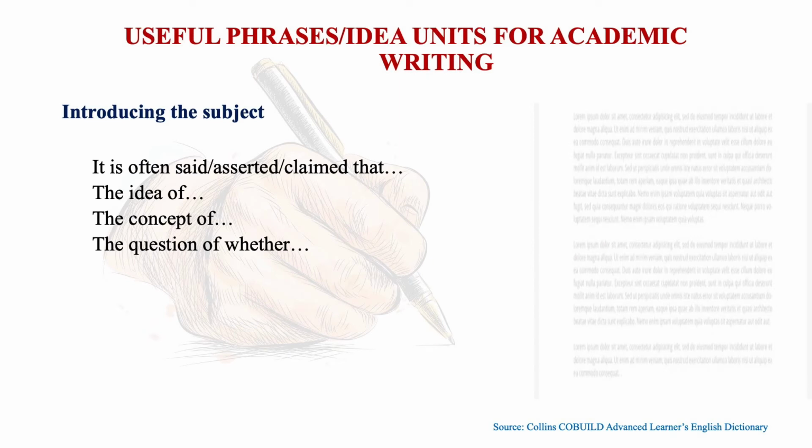Now there are devices which are used to introduce a paragraph or your composition. We have to know what those transitional devices, idea units, or phrases are which are used to introduce the topic. Suppose you want to introduce the subject, then what are the phrases you make use of in a paragraph? You can start the sentence with a phrase such as "it is often said," or "it is often asserted," or "it is often claimed that."